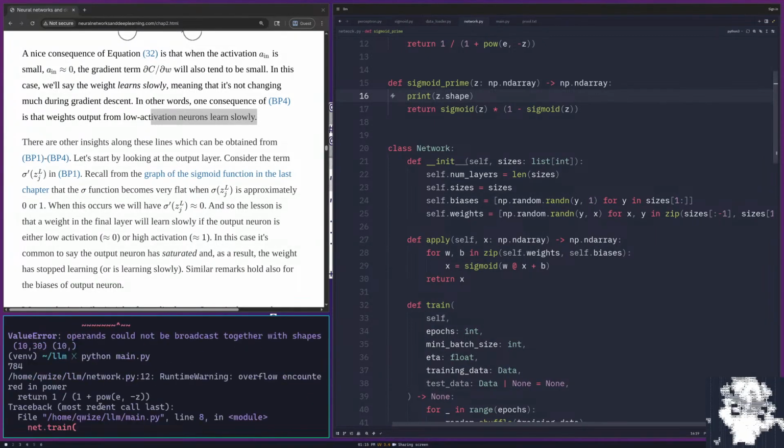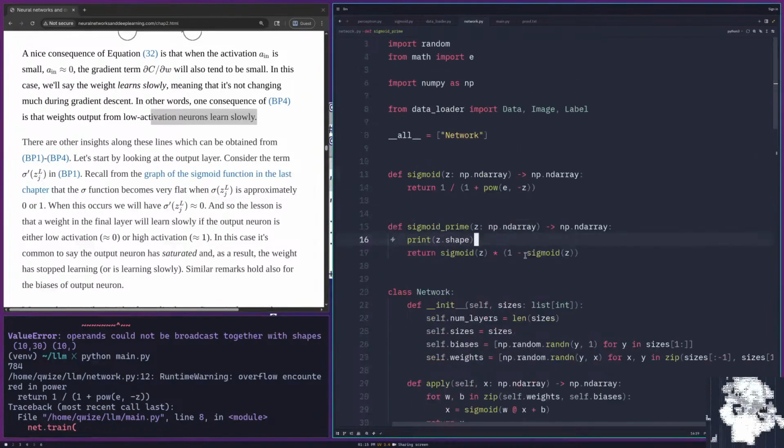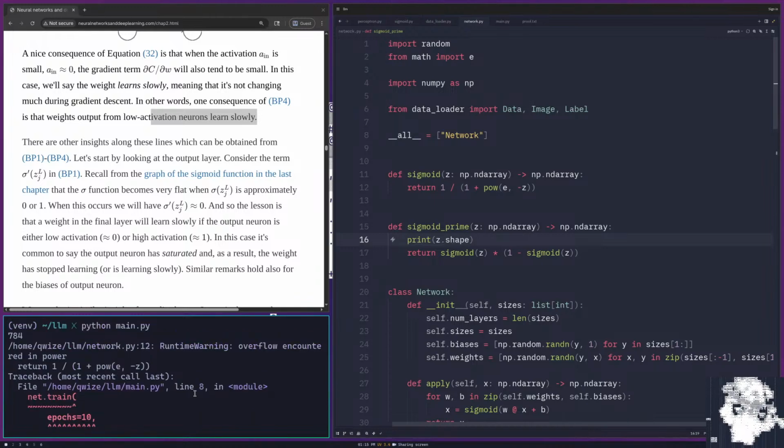Did I print any shapes? Okay, this was so confusing. Red in power. Like, when did I write red in power? But okay, overflow encountered in power. Does that matter? That's just a warning.